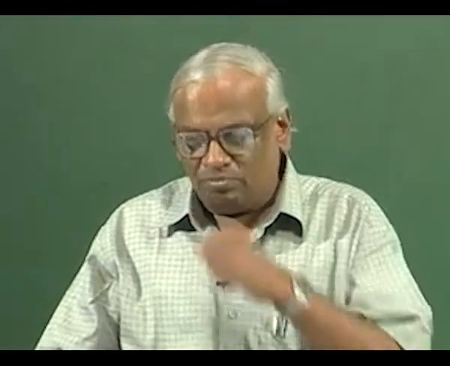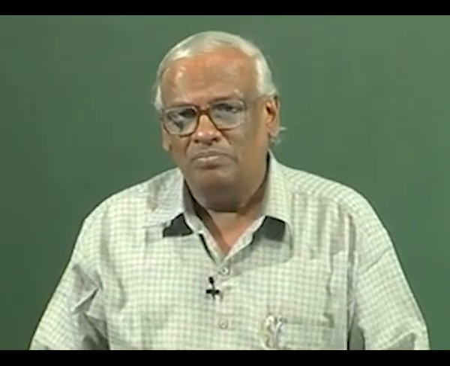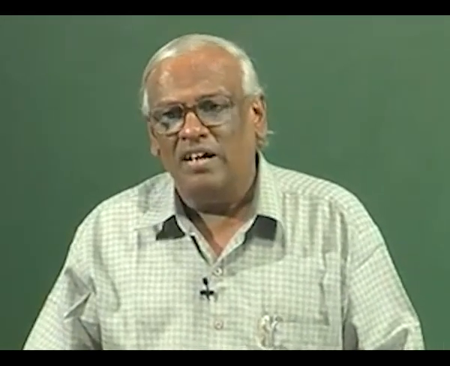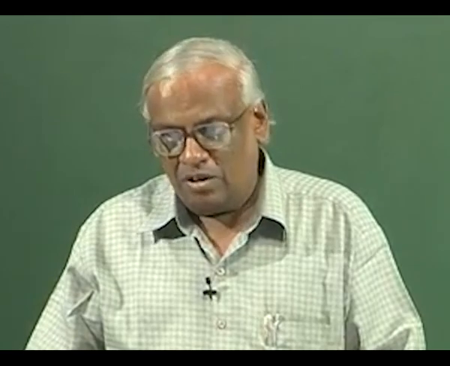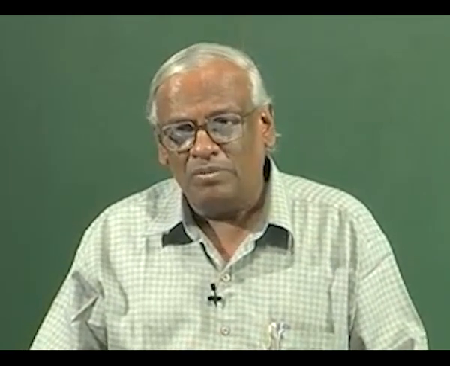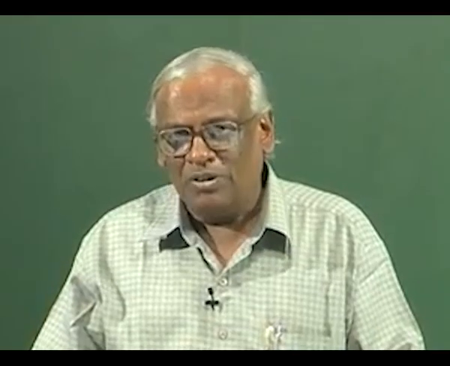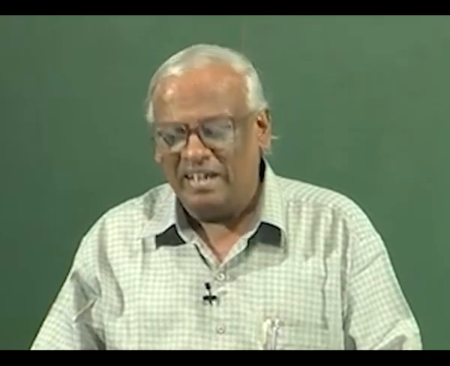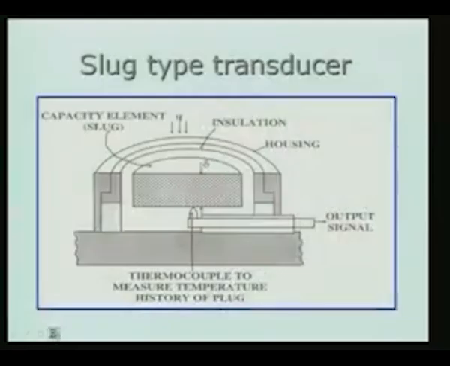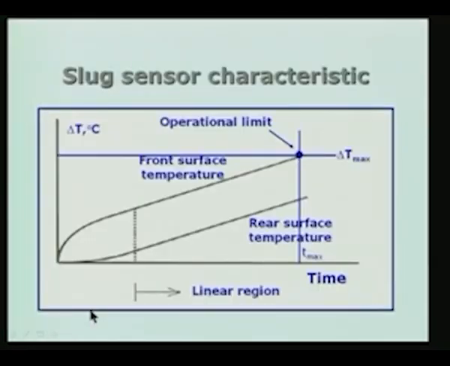That means we have assumed basically that the slug is like a lumped system. But in practice, if the slug does not satisfy the requirement, then between the front surface temperature and the back surface temperature there will be a certain lag in time. So, I have just indicated what is going to be expected in actual practice.